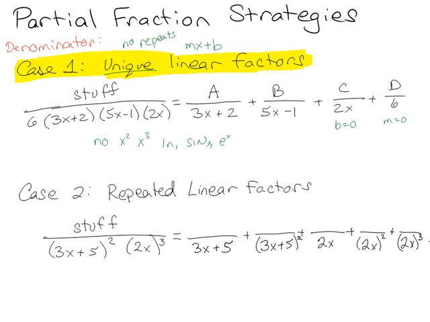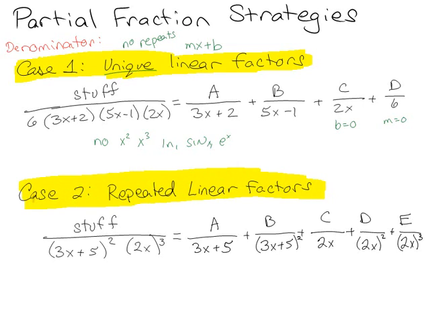If I can put it together like that, then it all works out and it's beautiful. Make sense? Then I'm going to fill in A, B, C, D, E, and find those constants on my own. So that's case 2.